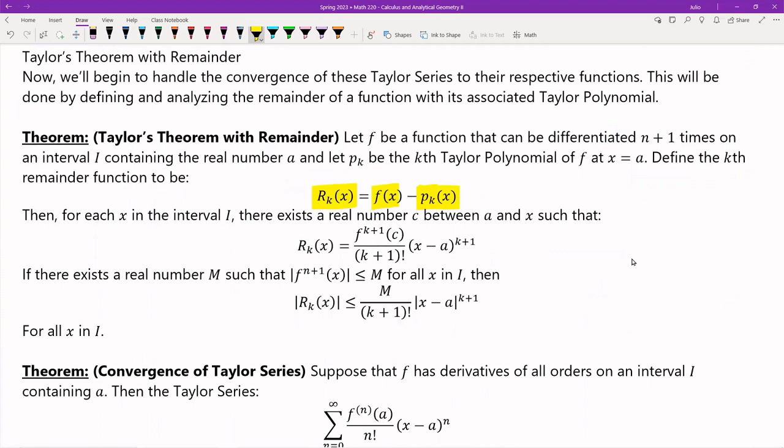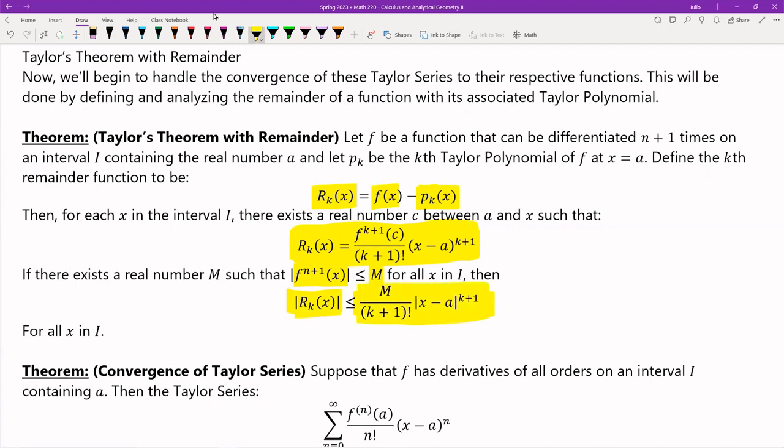Then for each x in the interval I, where I is the interval of convergence, there's got to be a c where the remainder function is equal to this right here. And if this part right here is bounded by some value m, then my remainder function has got to be less than this thing.